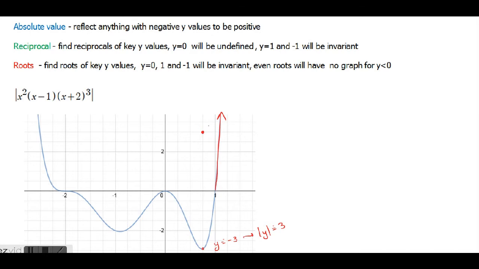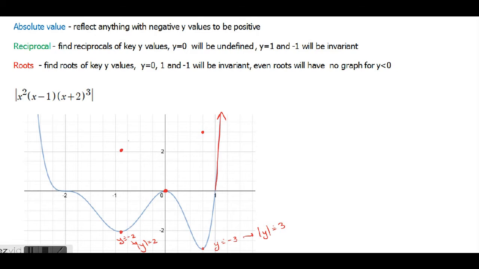Then absolute value of 0 stays 0, so that point stays where it is. And then our next turning point is y very close to -2, so the absolute value of that is +2. Keeping x the same, it's going to be somewhere over here.